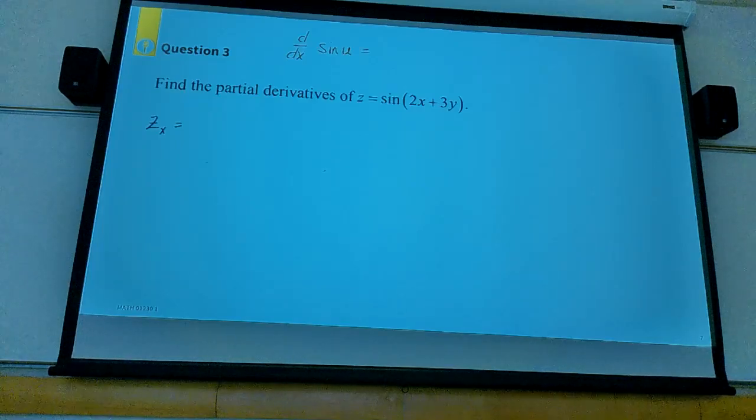From Calc 1, d dx of sine of u is what? Close. Both of you are close. In fact, you said the same thing, just reverse the order once you put the u.